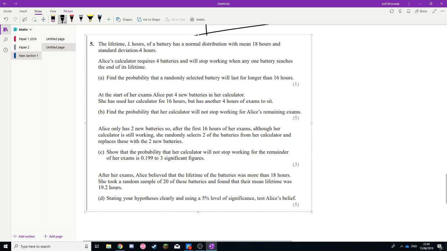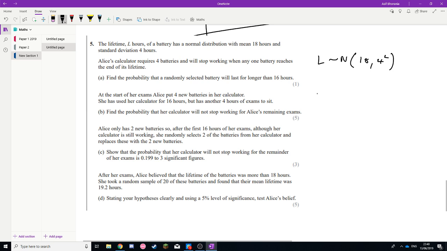Okay, the lifetime hours of a battery, normal distribution. Quick time, write this down. Mean 18, standard deviation 4, so that's 18, 4 squared. This calculator requires 4 batteries and will stop working when any one battery reaches the end of its lifetime. Find the probability that a randomly selected battery will last for longer than 16 hours.